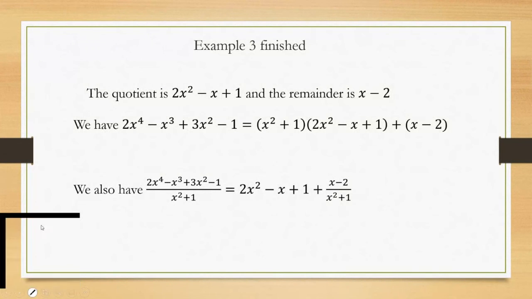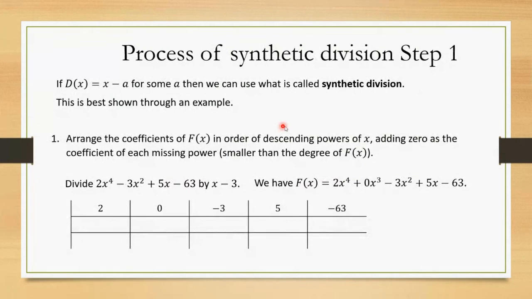So polynomial long division is very useful, but it can get kind of tedious at times. So there is a shortcut for doing it, namely synthetic division, and that occurs when d of x is of this form.